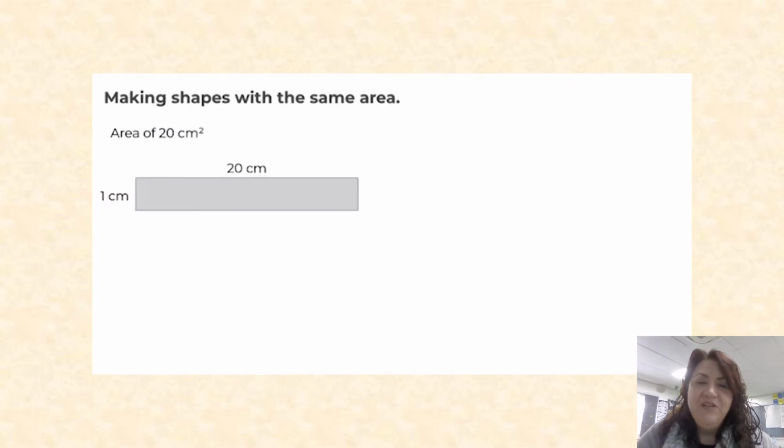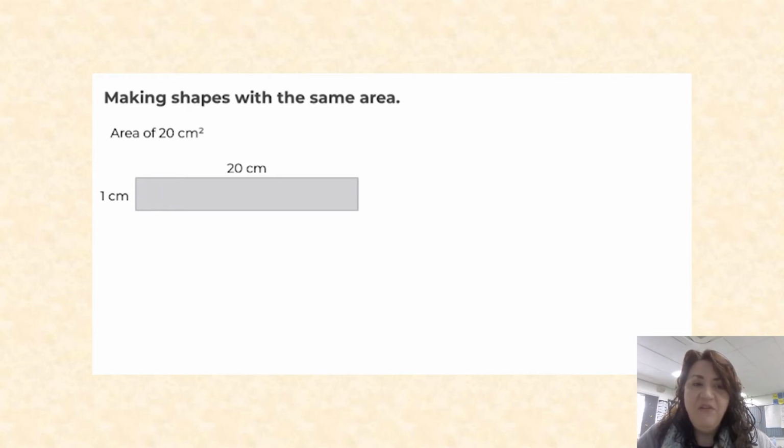Okay, so there was a reason you did that, and you'll need to have that factor bug in front of you now. So if you didn't write it down, quickly write it down now, because you're going to need that. What I'd like you to do now is to try and draw shapes with the same area, and that area is 20 centimetres squared.